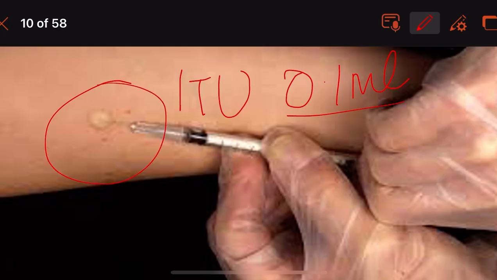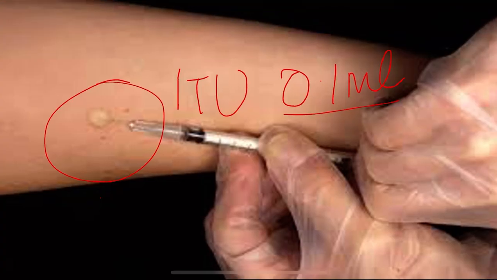How is the injection done? 1 tuberculin unit, that is 0.1 ml, is injected intradermally. Where is the injection done? It is on the flexor surface of the left forearm. You can see the left forearm here, and the flexor surface is used, midway between the elbow and the wrist.